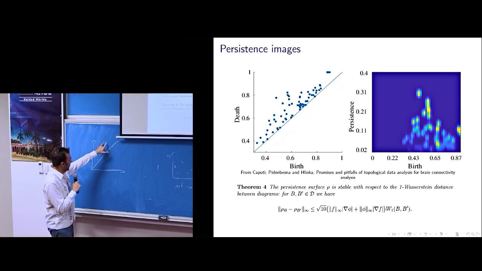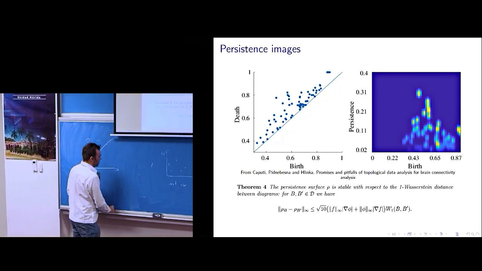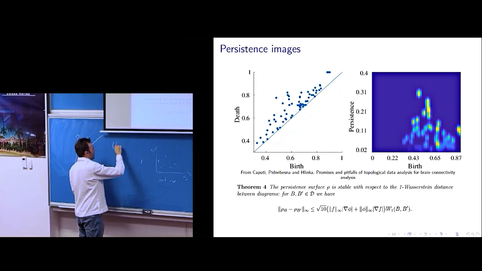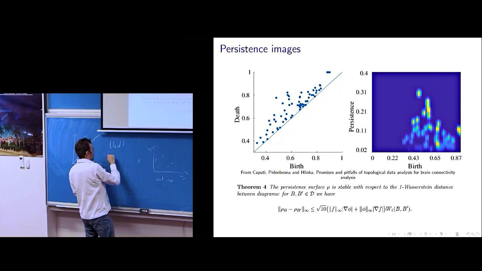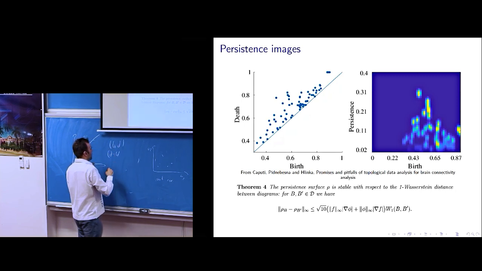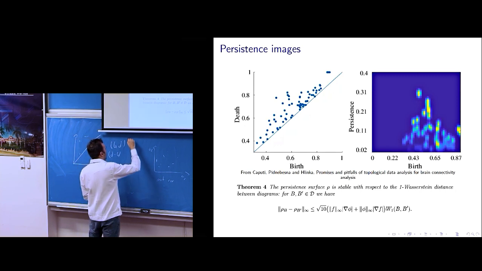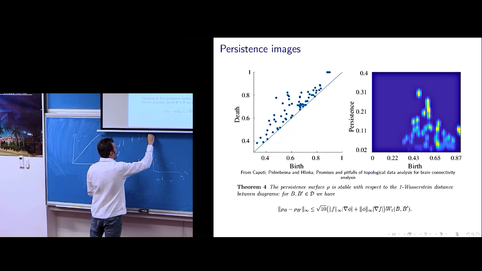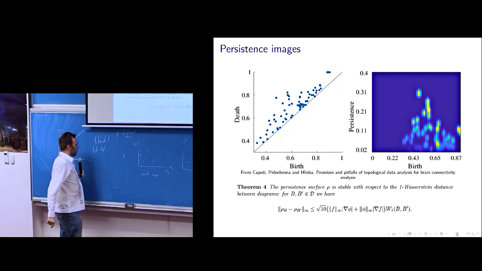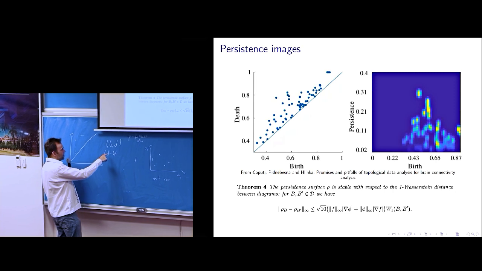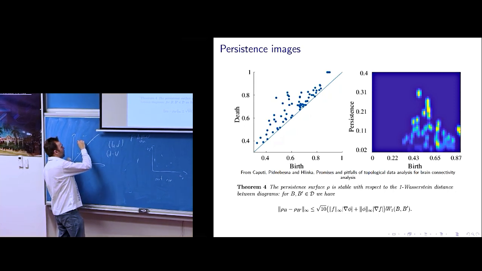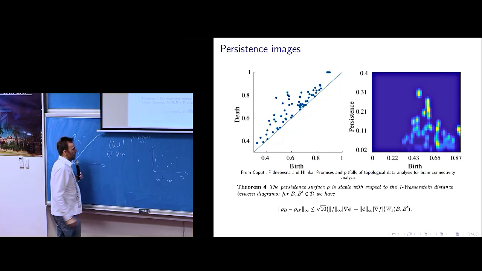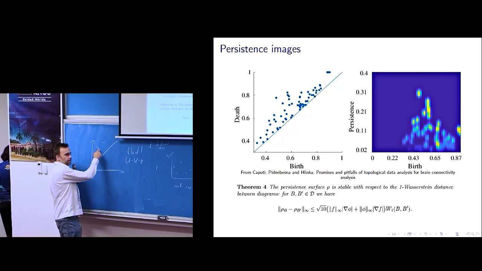So if I take the bottleneck, what can happen if I have a persistence of a pair b, d, which is death minus birth? Well, if I make a perturbation, let P be the bottleneck distance, then in the worst case scenario, what can happen is I can move by P towards the diagonal, in which case the persistence of each point will decrease by P, right?